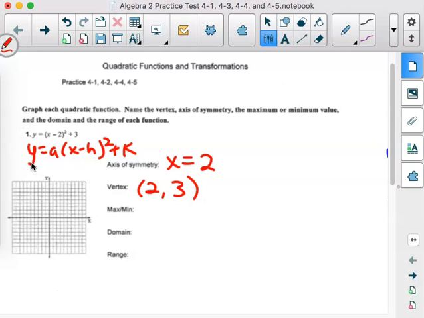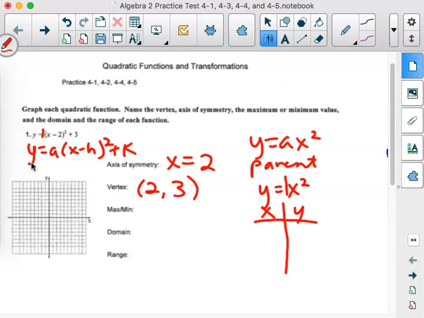When we're graphing it, what we want to do is use y equals ax squared as our parent function. And in this one, since there's no a there, it's a 1. So what we want to do is graph y equals 1x squared. And we only have to do a few numbers because we know that this has symmetry.